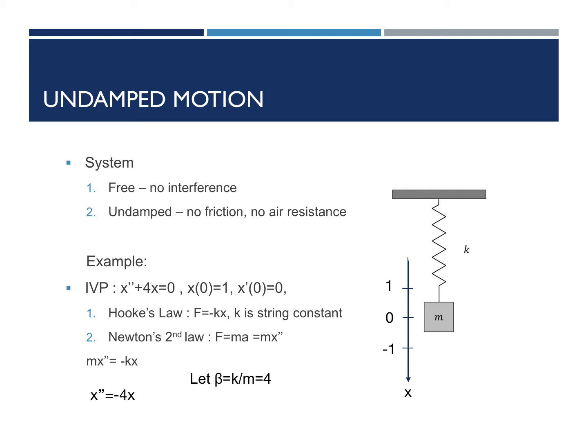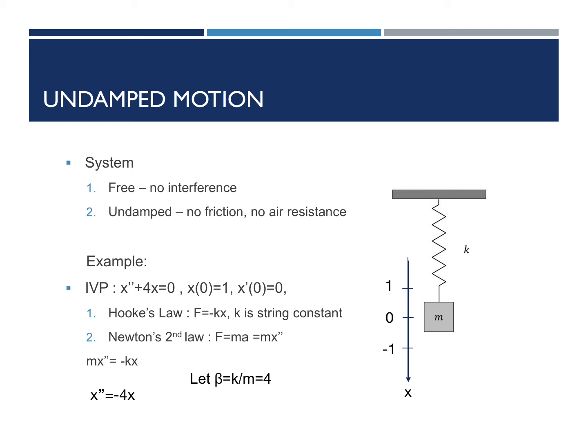So in our example, we have x of 0 equals 1, which means the position on the x-axis is 1, and x prime of 0 is 0, which means that the velocity is 0.